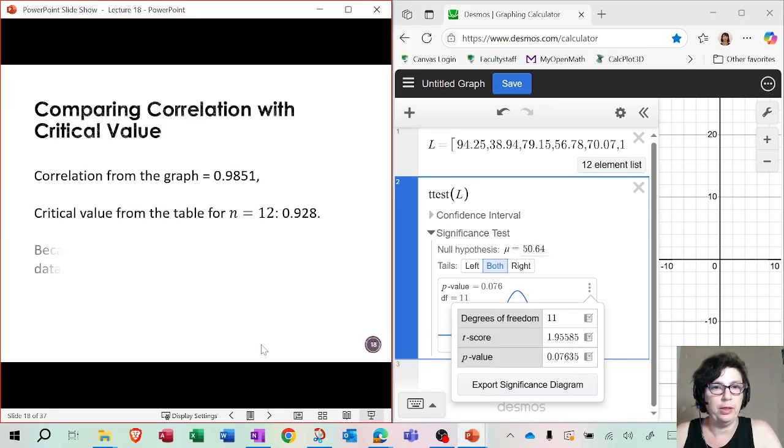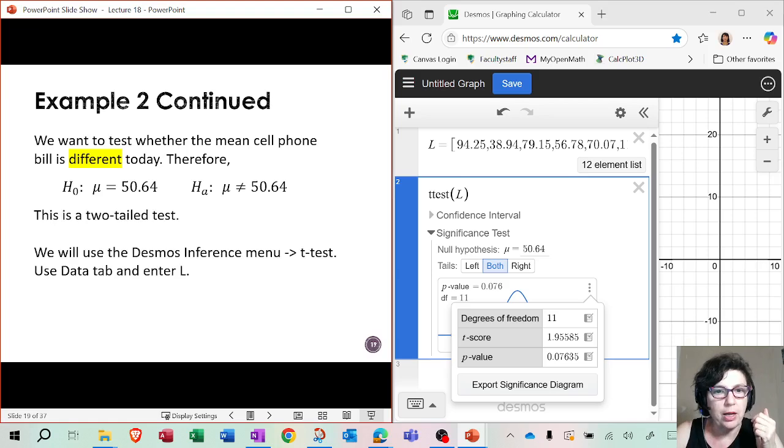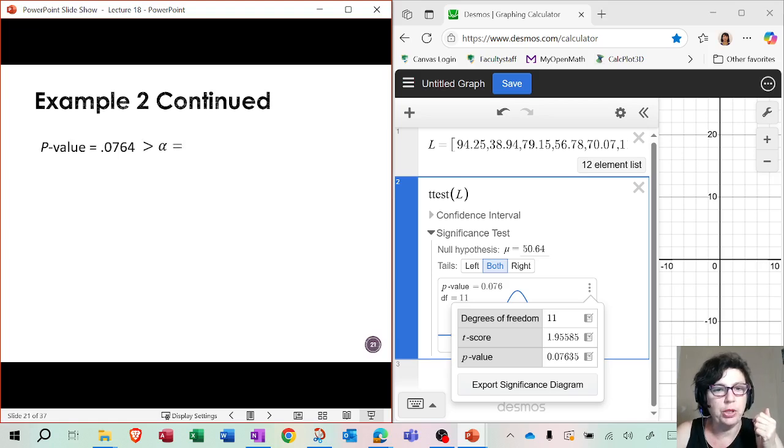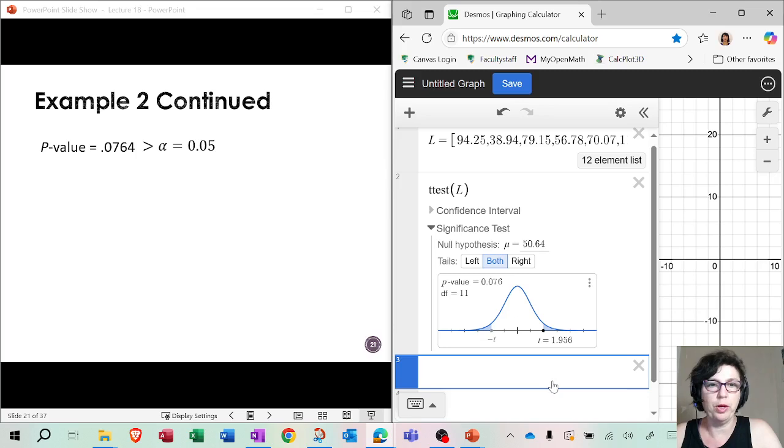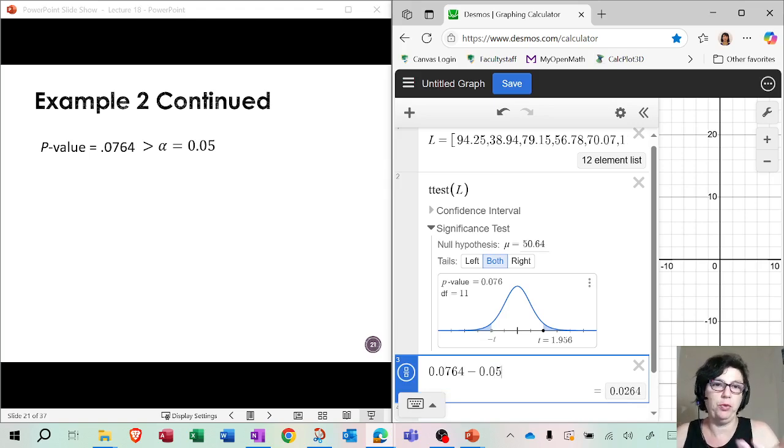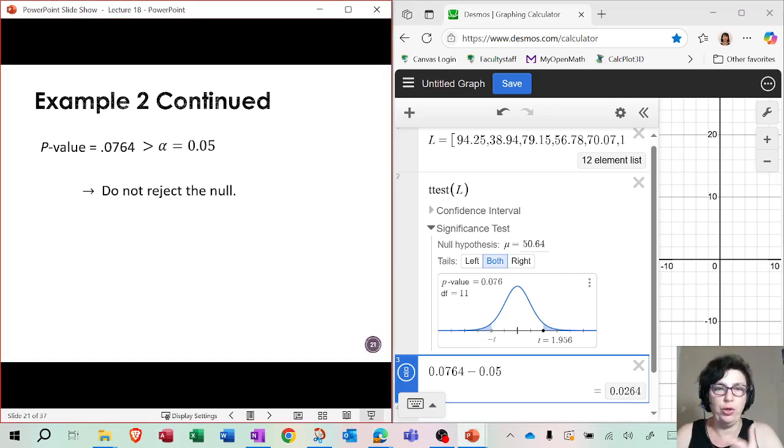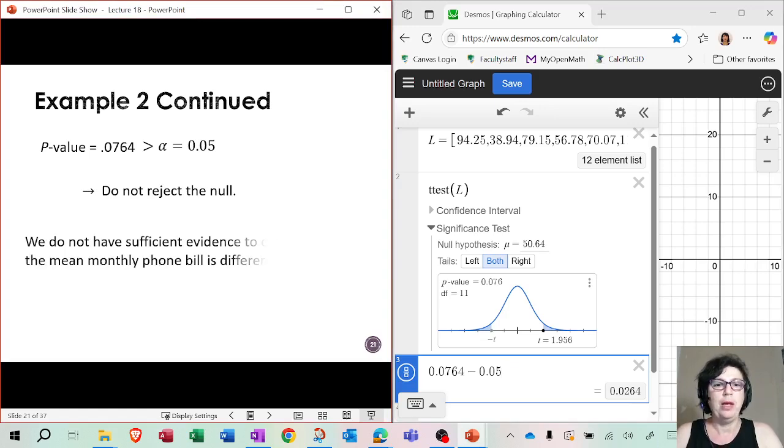So let's see what the alpha value was. I think it was the same 0.05. Now, how do I know if this number, 0.0764, is more than alpha or not? Well, I just subtract alpha, and because I get a positive answer, that means it was more. If it's more, it's not unusual and you are not rejecting. So hopefully you have that on your note cards. And again, do not reject.